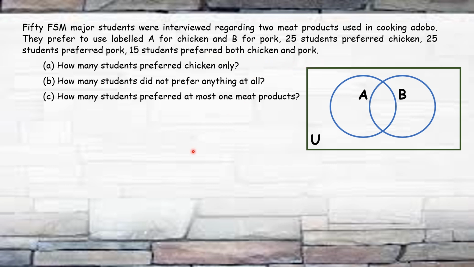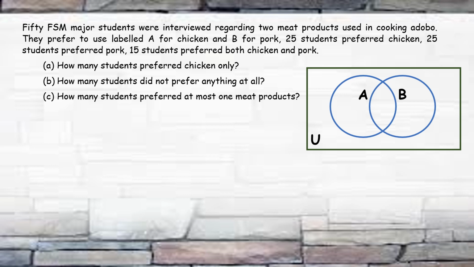Okay? The best tip that I can give to you in illustrating Venn diagram problems is to start in the middle, in the intersection part. Kasi, para makapag-subtract ka na lang sa kung ano ba yung nasa labas, yung sa set A lang at sa set B lang.